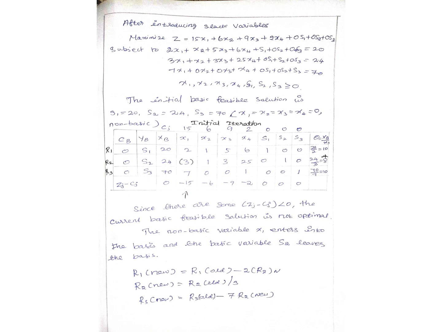So the value is minus 15. Next column: 0 into 1 plus 0 into 1 plus 0 into 0 minus 6. So we put minus 6.